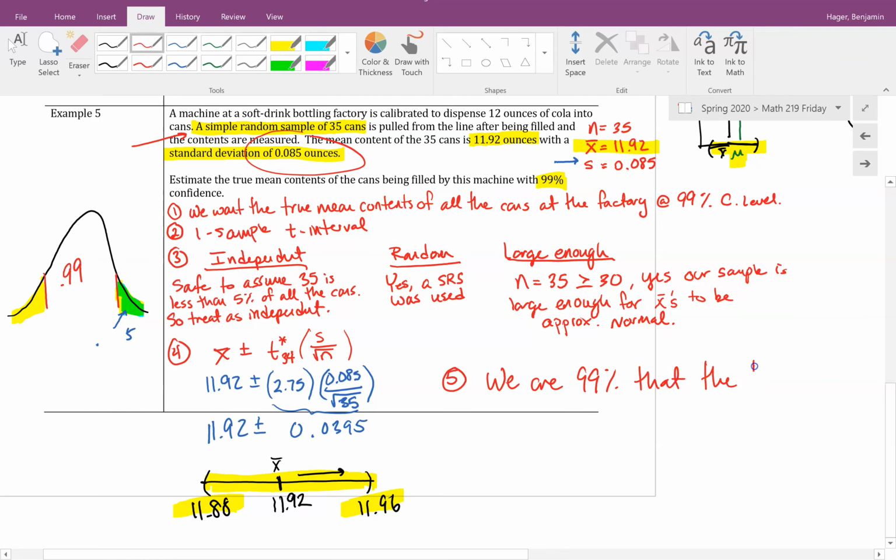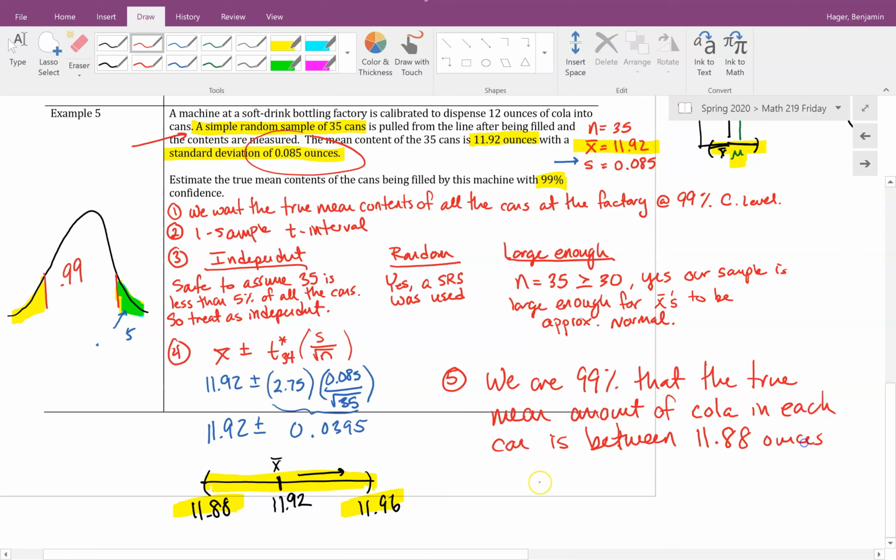That the true mean amount of cola in each can is between 11.88 ounces and 11.96 ounces.